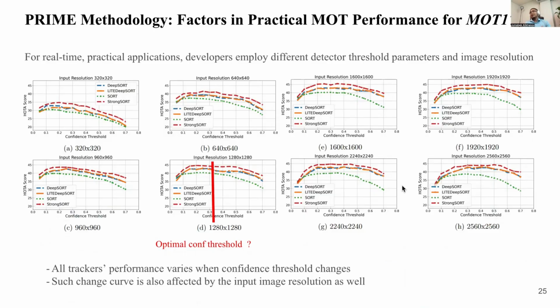More importantly, not only speed, but the accuracy of the system, how accurately it works, also changes, right? For example, this is a 320 resolution, and this is 640 resolution. When you change the resolution, the performance changes, and this is almost true for all trackers.